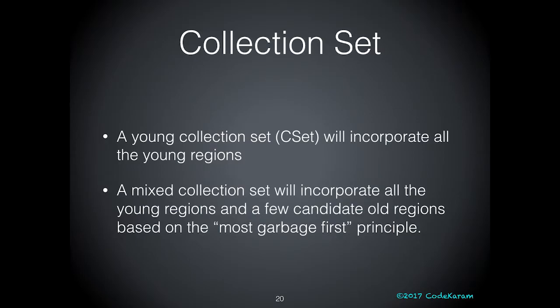Basically, generational HotSpot collectors collect the young generation in its entirety, not just G1 GC, but also the throughput collector, CMS collector, and even serial GC. The young generation is collected in its entirety. So when you see a young collection in G1 GC, you have to know that the collection set will incorporate all the young regions, okay?